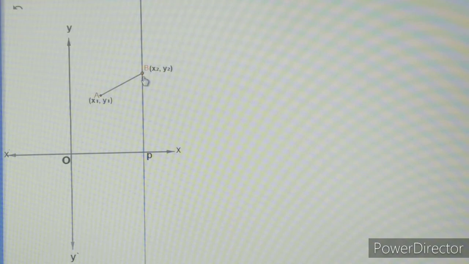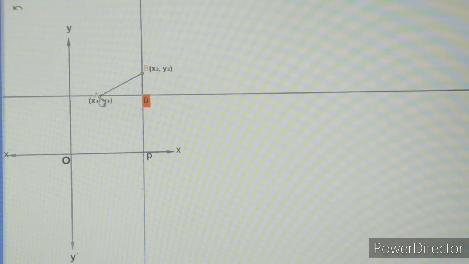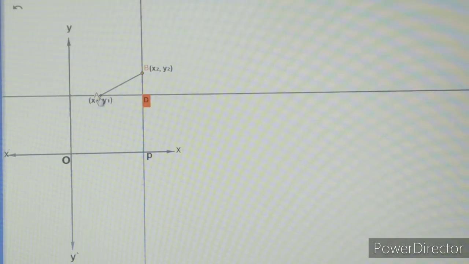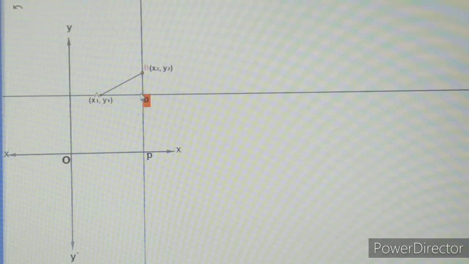From point B, draw perpendicular BP on the x-axis. Similarly, from point A, draw AD perpendicular to BP.